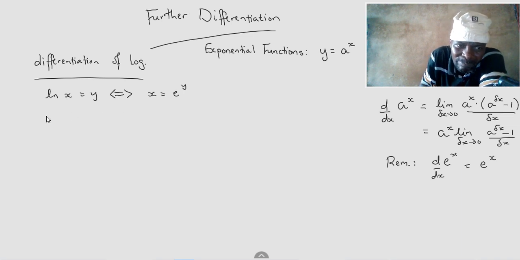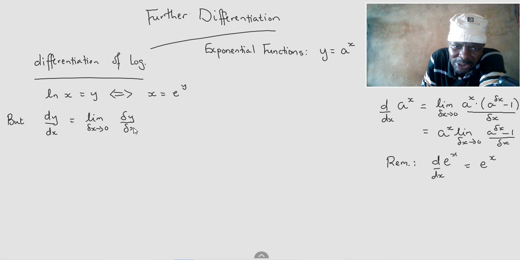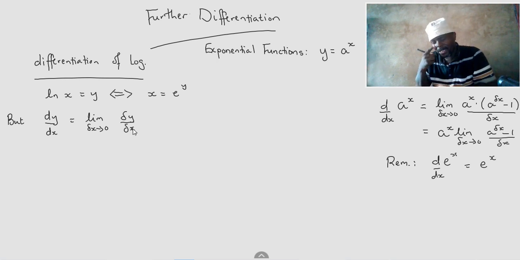So we say, but dy/dx means the limit as the small change in x tends to 0 of the ratio of the small changes, y to x rather.